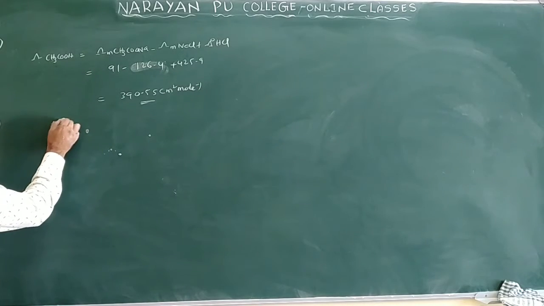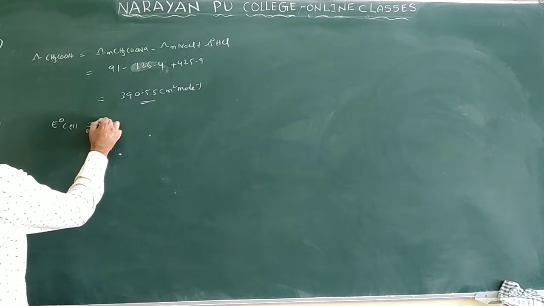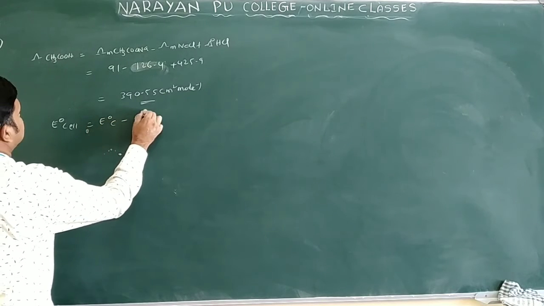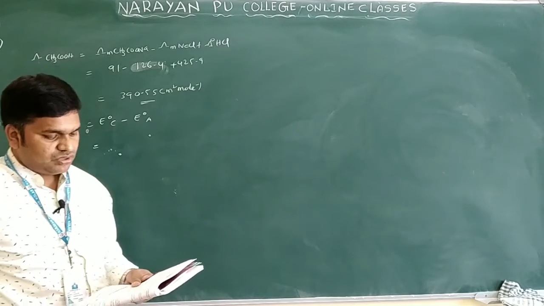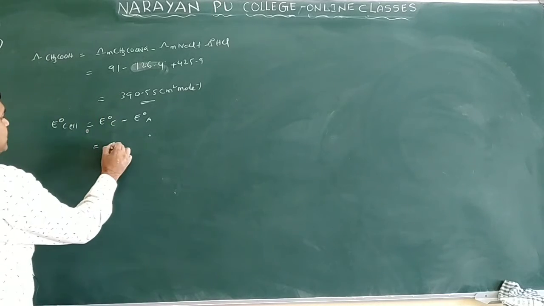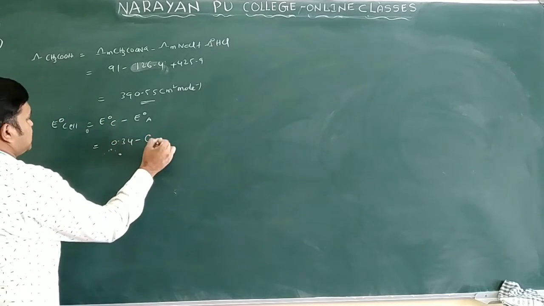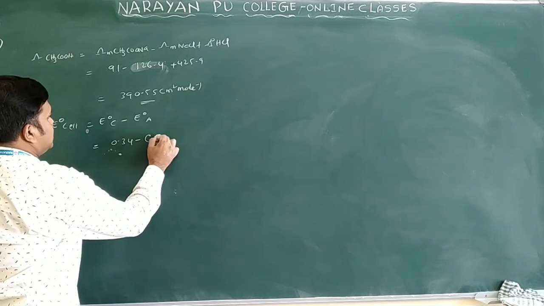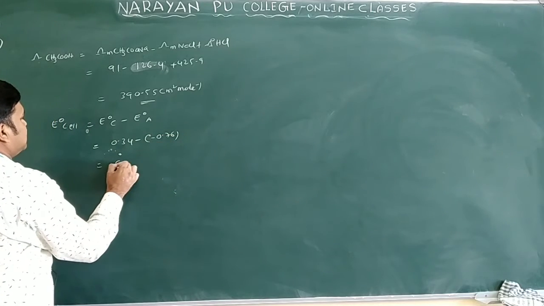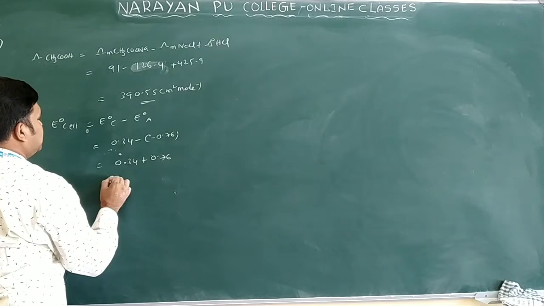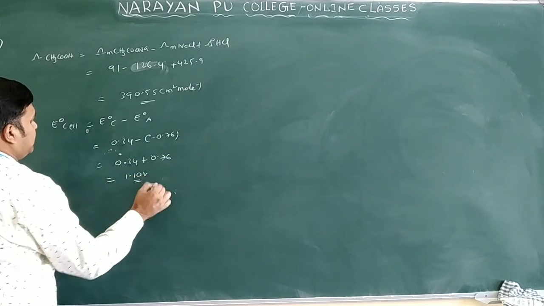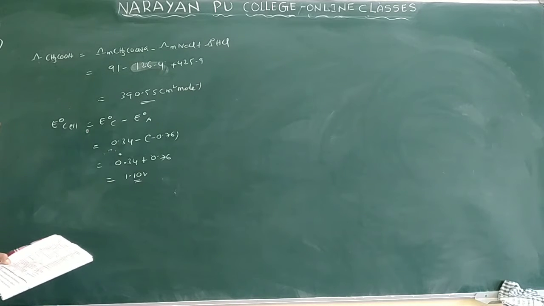E naught cell equals E naught cathode minus E naught anode, as I already told you. Which has the highest value among those? That is 0.34 minus of minus 0.76. So this is 0.34 plus 0.76. What is the value? 1.10. We will take option 3.